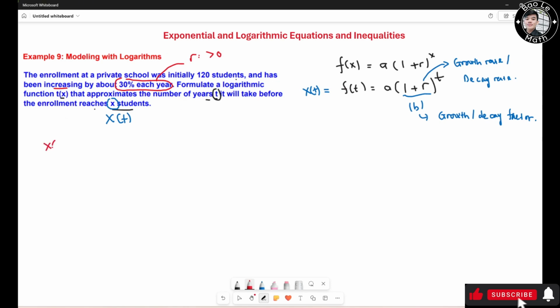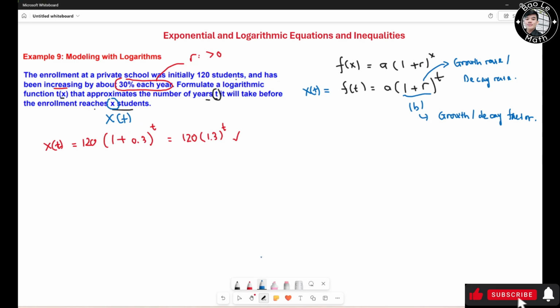So I have s of t equals initial amount, which means 120 students, times 1 plus, this guy must be decimal, so it could be 0.3 raised to the t. So I just simplify this one, it turns out to be 120 times 1.3 raised to the t, right? And this is the exponential function with respect to t, right?